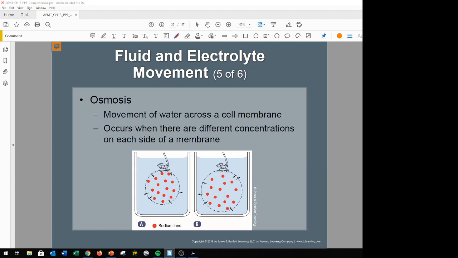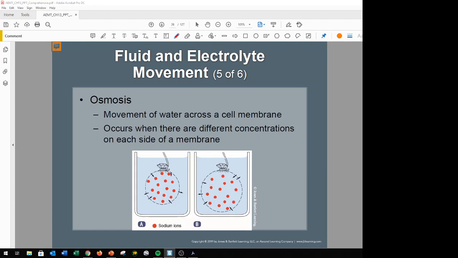If we have a concentration of sodium in a solution and the movement of water in relationship to the sodium levels inside and outside the cell, that's what tonicity means.